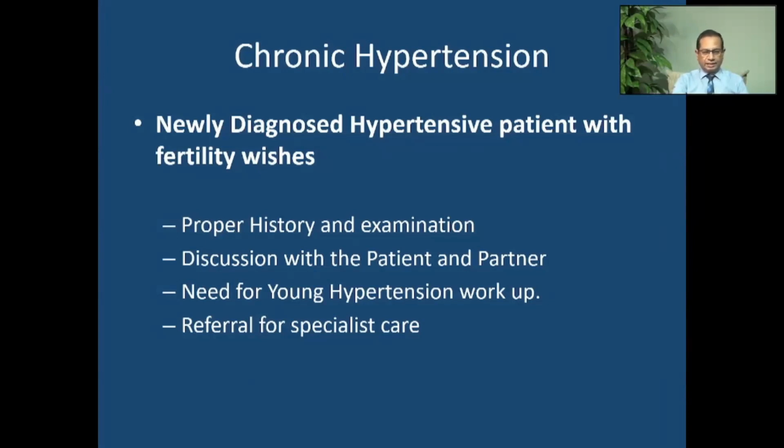As an example, sometimes the patient needs a CT abdomen. The CT scan is unable to be done during pregnancy, and sometimes the patient might need a CT angiogram. So because of those reasons, it is very, very advisable to go through all the investigations for the young hypertension category before embarking on this pregnancy.